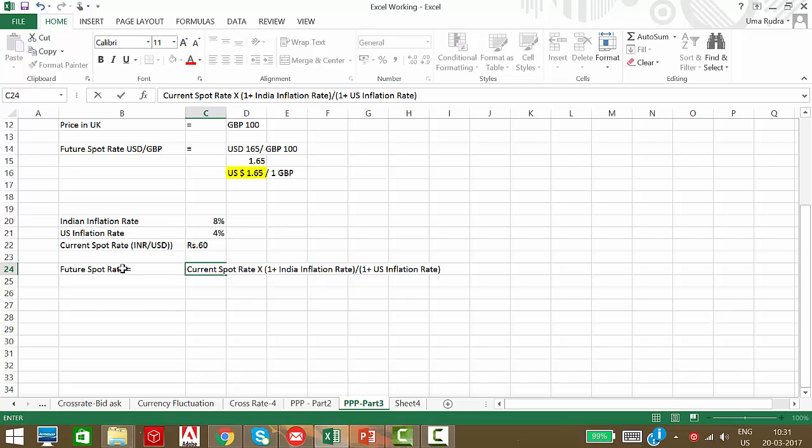To determine the future spot rate after 1 year, this would be to the power 1.